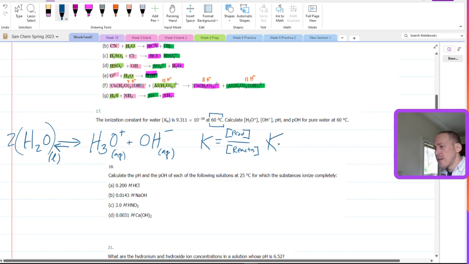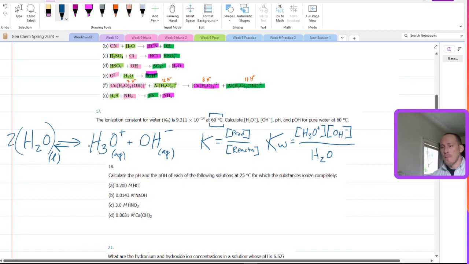Now, Kw specifically is our products, which is H3O plus times OH minus. And remember, in these expressions, we exclude solids and liquids. The reason is that if we put water down here, which we can, its activity, which is a nuanced term, means how much a substance behaves like itself.